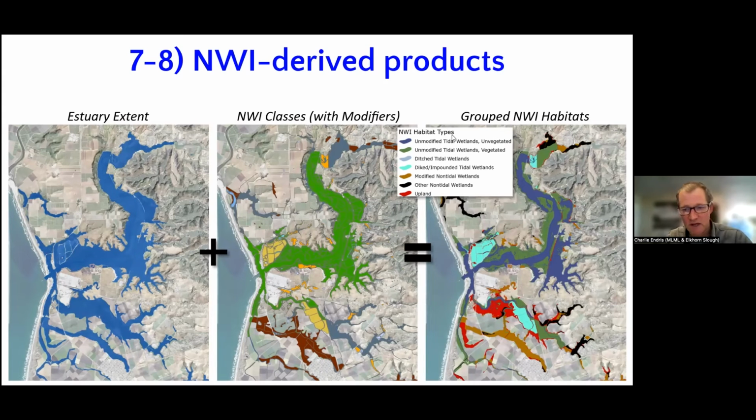We also group them, and the reason we do that, similar to what Andrea and Suzanne were doing, is because there are, I think, over 5,000 different codes in NWI. So we needed a more manageable layer or symbology layer, so that we didn't have so many different types of habitats. So we created these 7 different habitat codes from NWI that we used to compare with other sites.